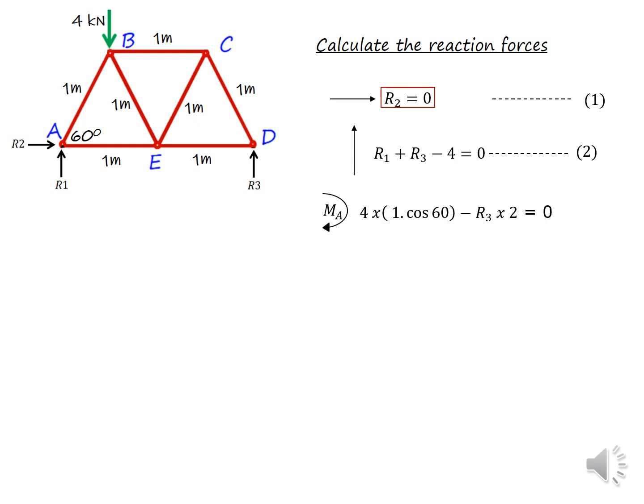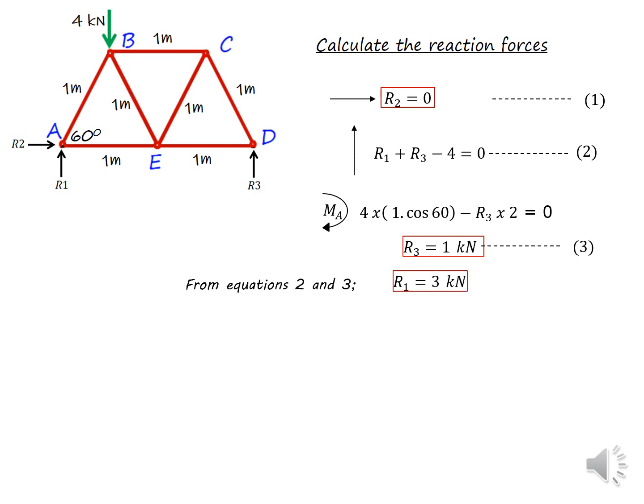Because it is anti-clockwise, it is a minus value. So you get the equation 4 times 1 cos 60 minus 2R3 equals 0. That's my equation 3. From that moment equation, we get the value for R3, that is R3 equals 1.